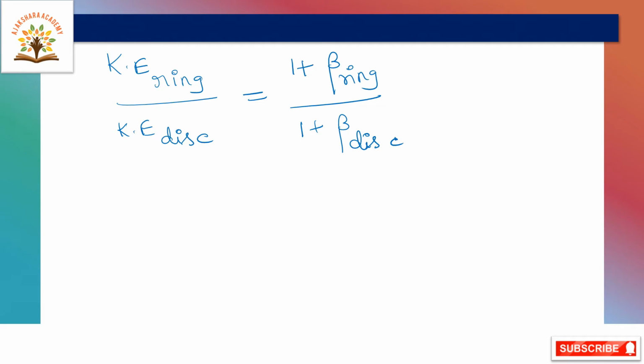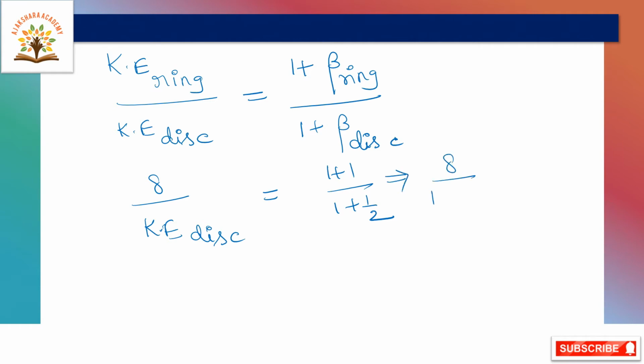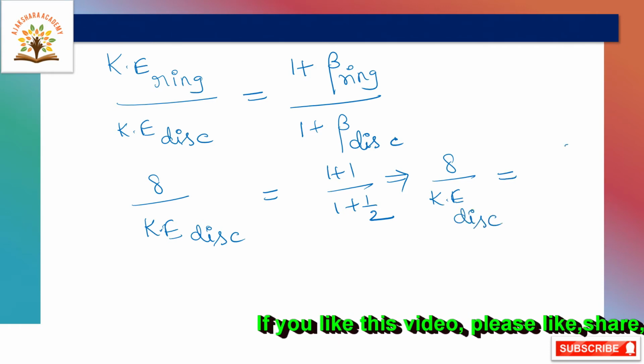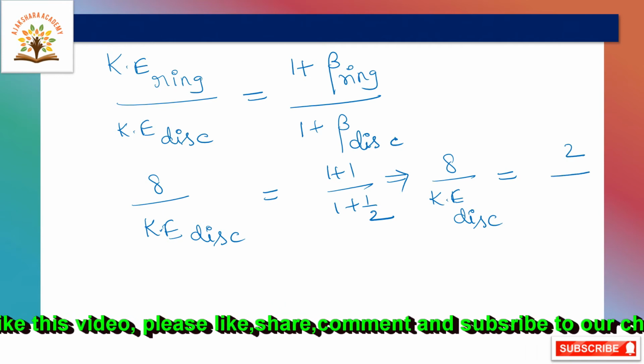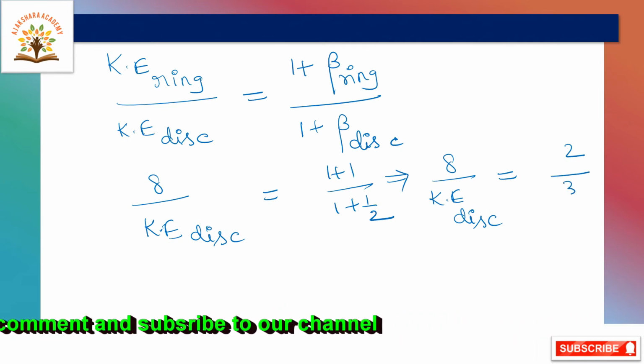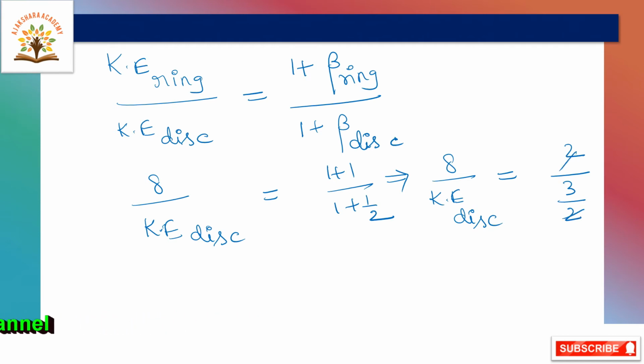So now substituting values, 8 by kinetic energy of disc is equal to (1 plus 1) by (1 plus 1 by 2). So 1 plus 1 is 2, and 1 plus 1 by 2 is 2 plus 1 by 2, 3 by 2. 2 gets cancelled.